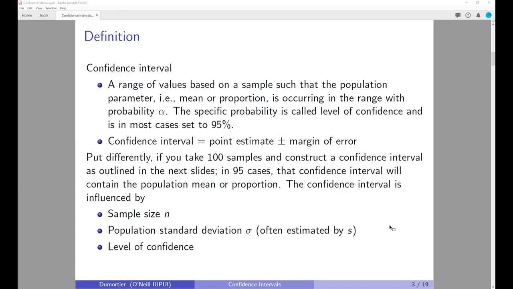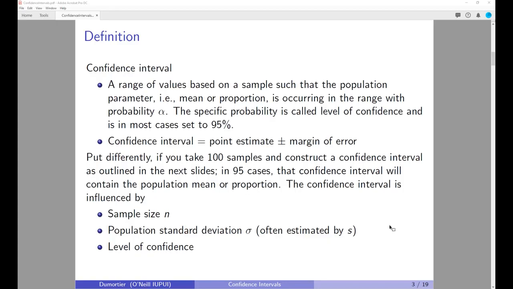We will see that the confidence interval is going to be a point estimate. Think about the point estimate as taking the average of the sample data plus a margin of error. Now, to explain the confidence interval slightly differently, suppose you have a population and you take 100 different samples from that population.